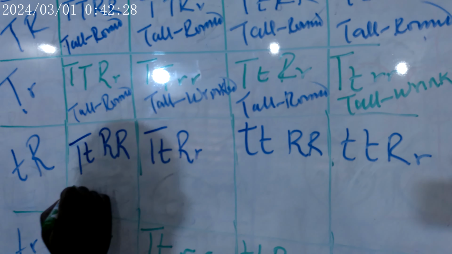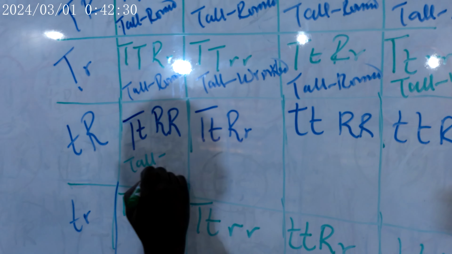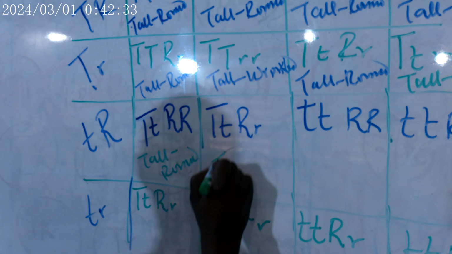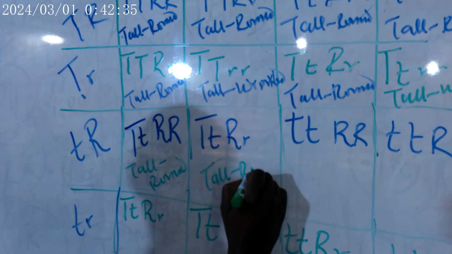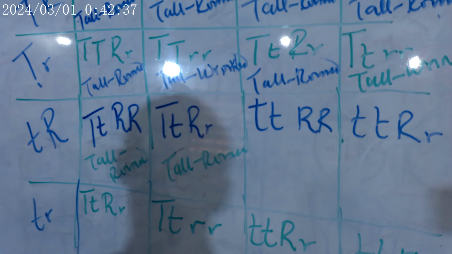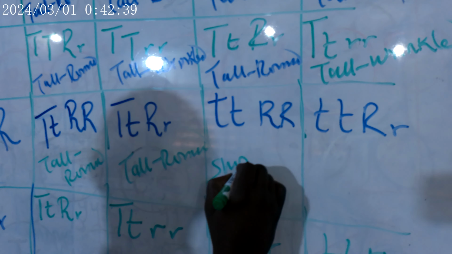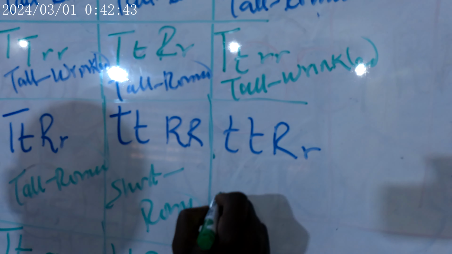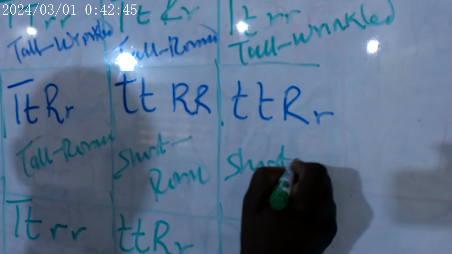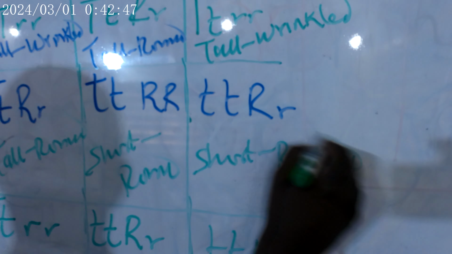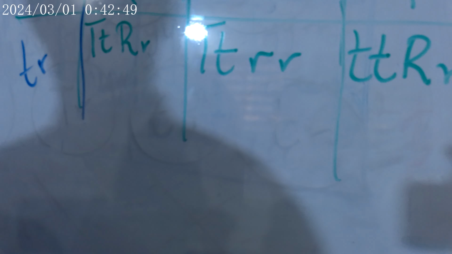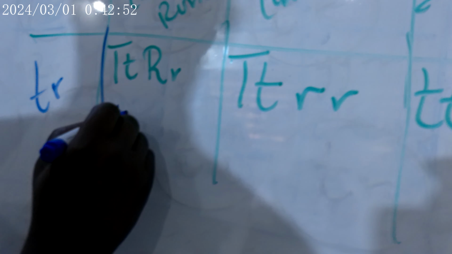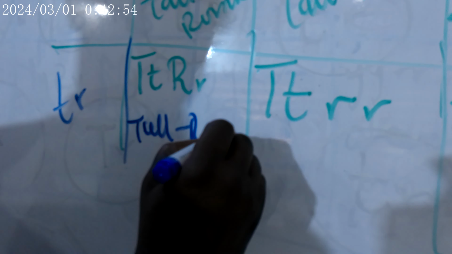This column is going to be tall, round, also tall, round. This is going to be short, round. This is going to be short, round as well. This one is going to be tall, round.